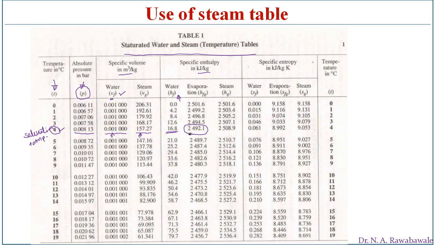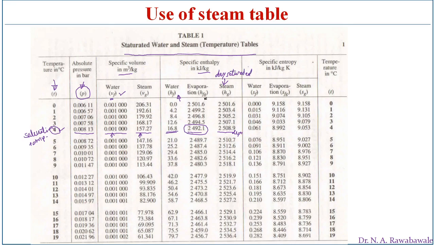So at this 4 degree saturation temperature, the enthalpy of evaporation is 2492.1 kilojoules per kg, and this is nothing but steam enthalpy. Steam enthalpy means this is the enthalpy of dry saturated steam.